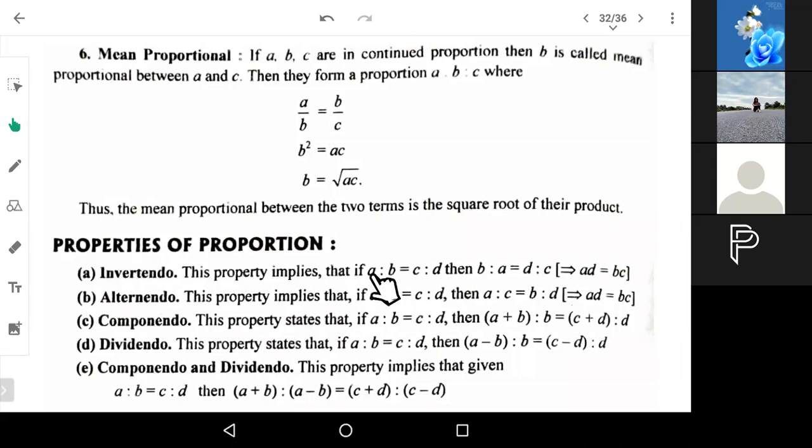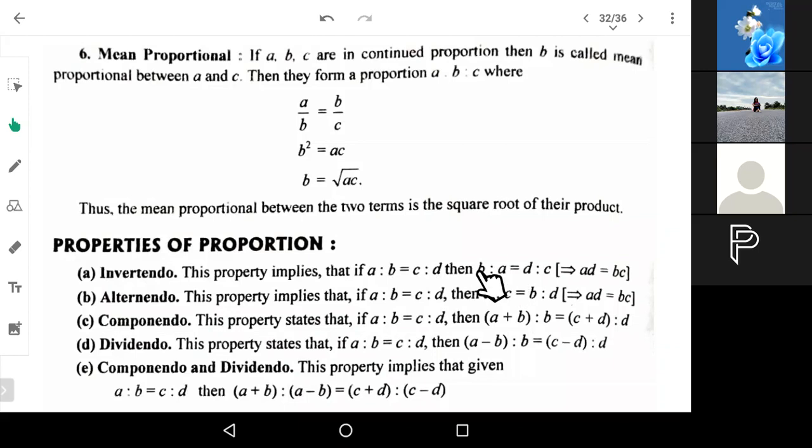That is nothing but if two ratios are equal, that is if they are in proportion, A is to B is equal to C is to D, then you can use this invertendo property and change the sides. B can come to A's position, A can go to B's position. So you are inverting their places.